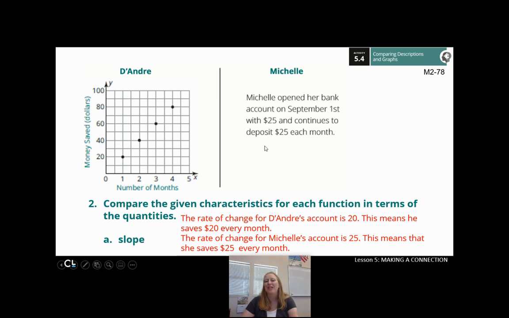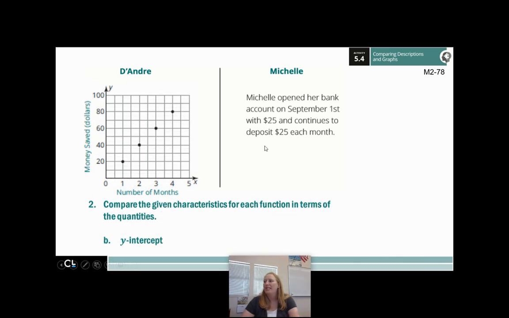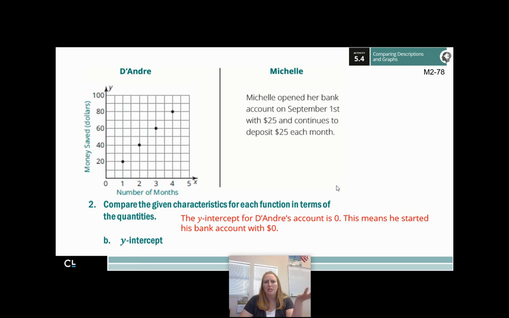Fair enough. How are your y-intercepts doing? Well, we already established that if you were to draw this line and keep that going, it would hit the origin. DeAndre's y-intercept is 0. Which makes sense because he started his account with $0, right? He started his account with no money in it. So the y-intercept is going to be 0.